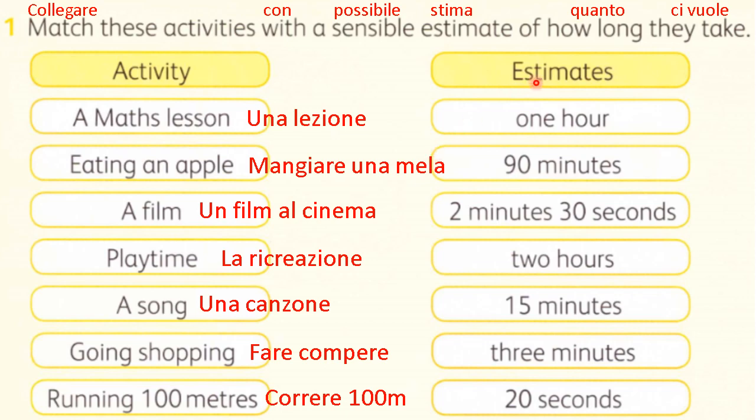The estimates are 1 hour, 90 minutes, 2 minutes and 30 seconds, 2 hours, 15 minutes, 3 minutes, 20 seconds. Now for each of these, there's probably more than one sensible estimate. So think about different possible answers for each activity.